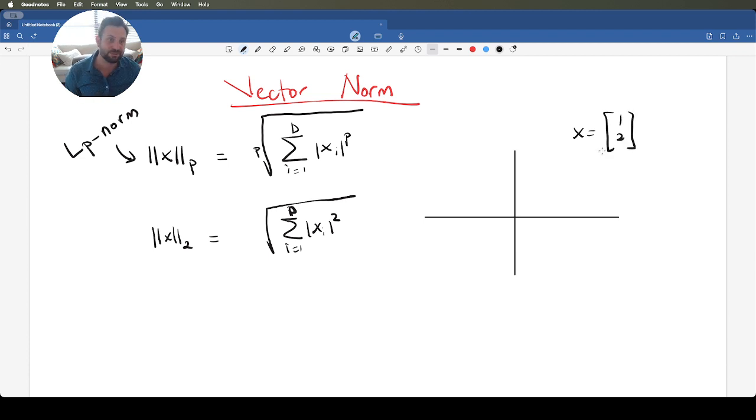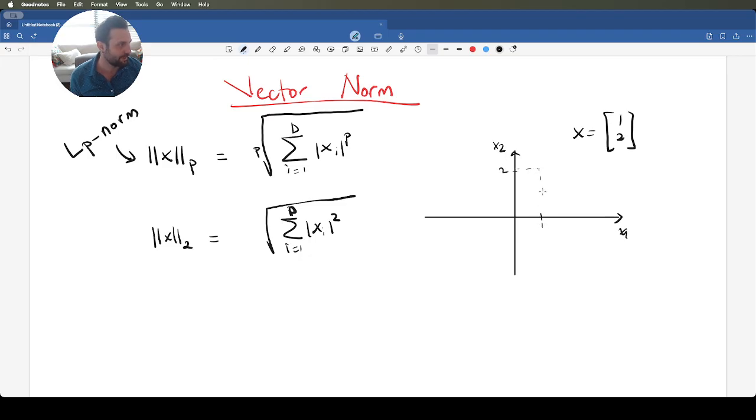Notice that I'm always using column vectors to represent vectors, and we mentioned that vectors are just points in a space. So x1 and x2 are the indices, and we are talking about 1 and 2.